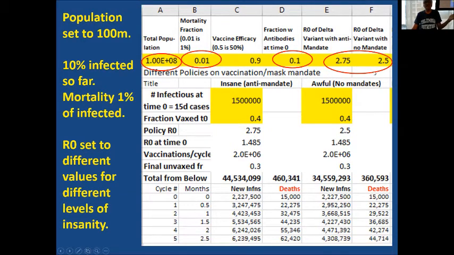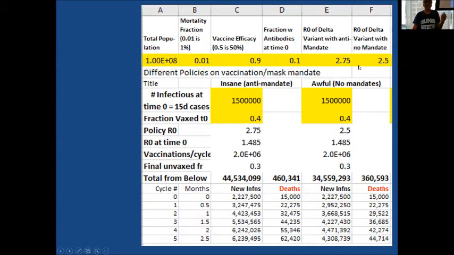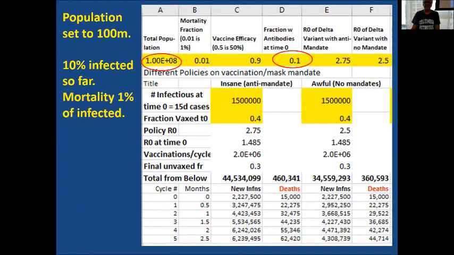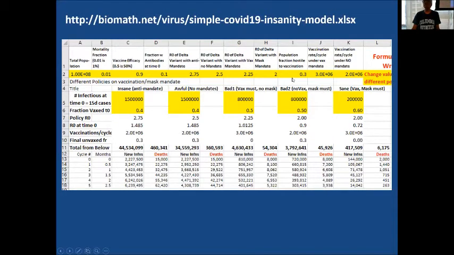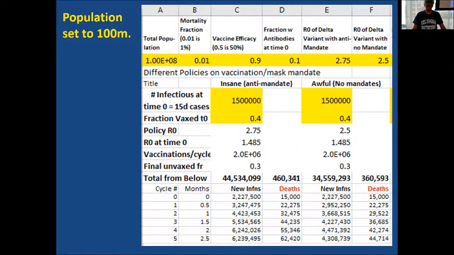So I have 2.75, 2.5. You can see there'll be a difference even between 2.75 and 2.5. And then I have other areas where I have 2.25 and 2 and so on. So this is one source of variation in the different responses.